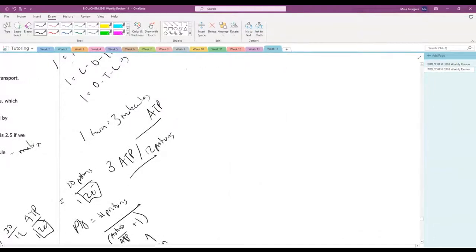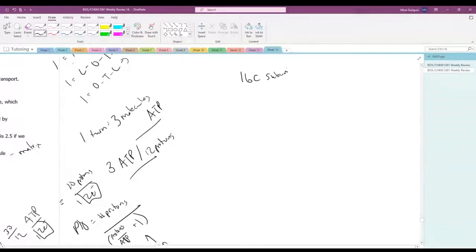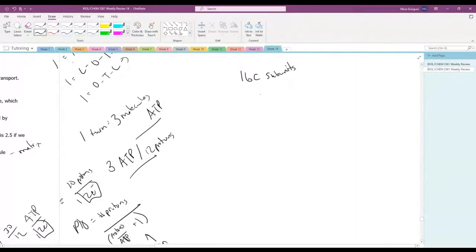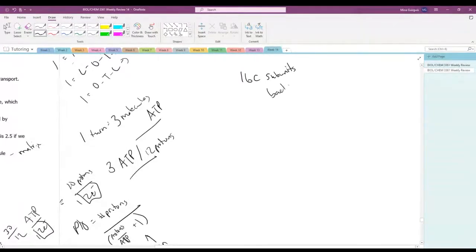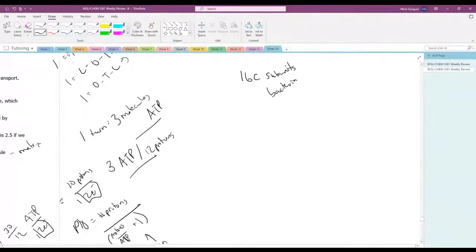So I'm going to tell you, I've discovered a species that has 16 C subunits. And it's a bacteria. No, we're going to say no, it's not a bacteria.